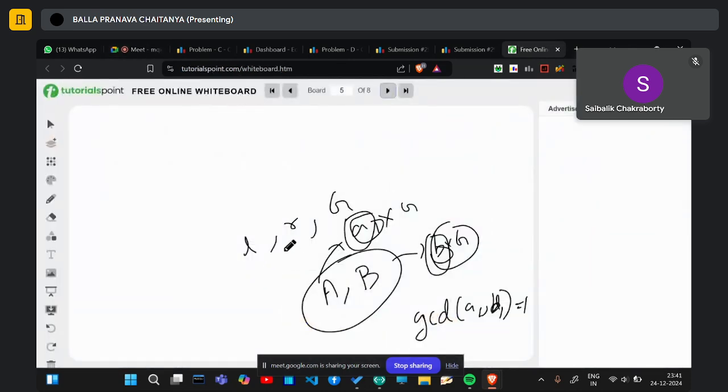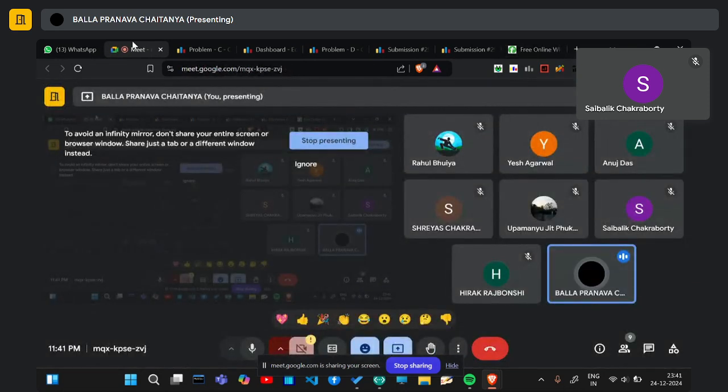So similarly, let's try to find the minimum and maximum possible values of A and B here. We know that the minimum possible value of A1 can be the ceil of L by G. Is this clear? Ceil of L by G, because that is what we have to make.